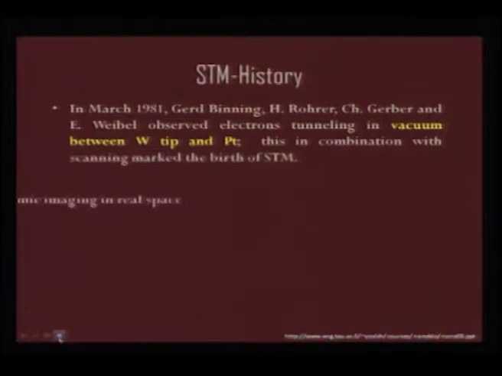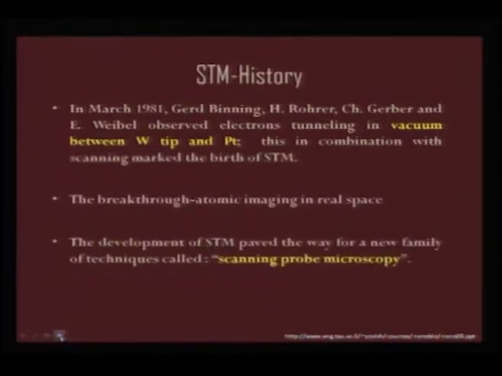So, I just want to quickly recap what really has happened and how far this simple tunneling principle has been carried. The first experiment, done by these Nobel laureates, was in vacuum between a tungsten tip and a platinum surface. That was the breakthrough experiment, and we will shortly see some of the images brought out by them.